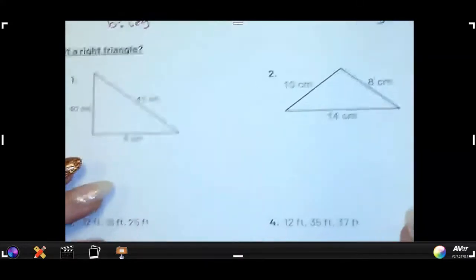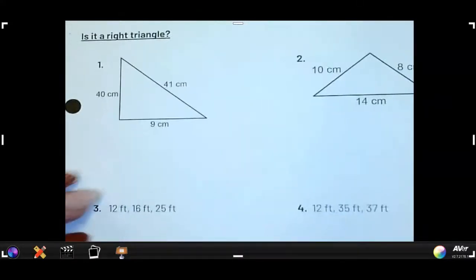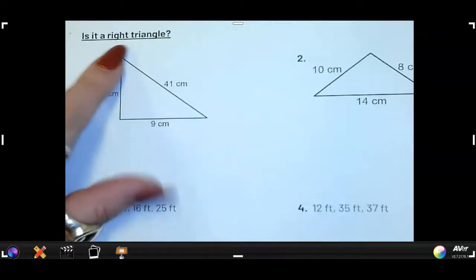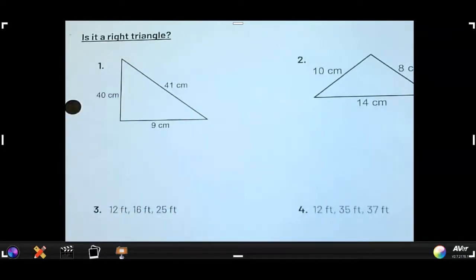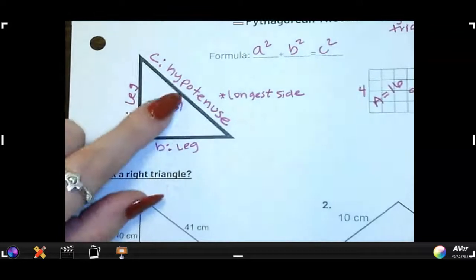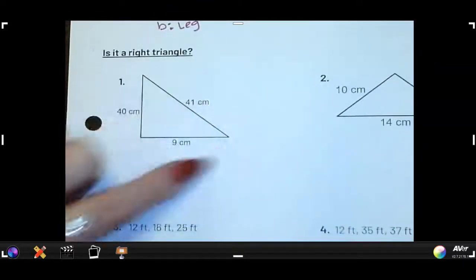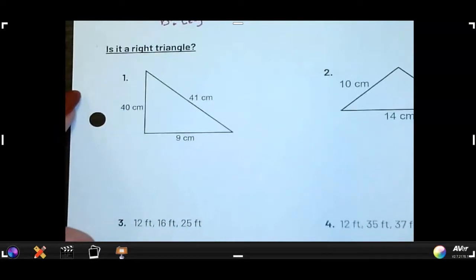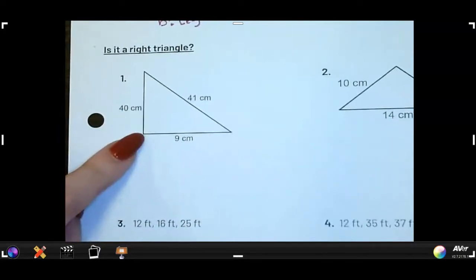So let's look here. 1, 2, 3, and 4 are wanting to know simply, is this a right triangle? So we're going to use Pythagorean theorem, a squared plus b squared equals c squared, to check to see if it's a right triangle. Okay, so remember what we said here. The hypotenuse is always going to be the longest side of the triangle. If I look here, I don't see a right angle marked anywhere, and I cannot assume, even though it looks like it, that that's a right angle.